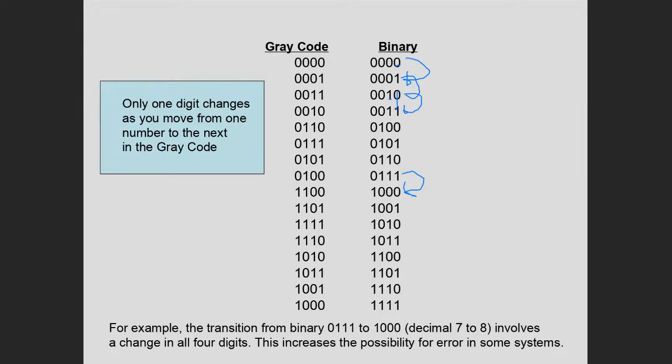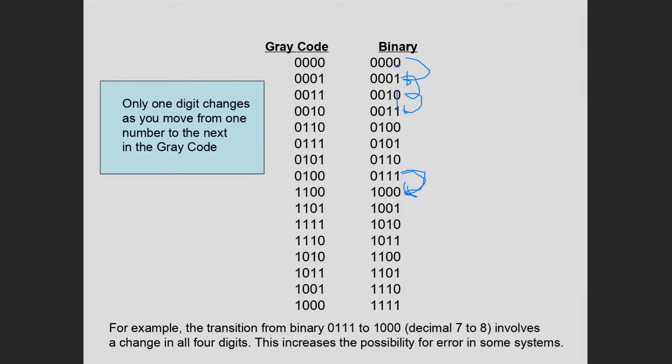As I go down the list counting in binary, more and more bits change until I get down here to 7. When I go from a binary 7 to a binary 8, each bit has to change. Every 0 becomes a 1, and every 1 becomes a 0. I have to change 4 whole bits.